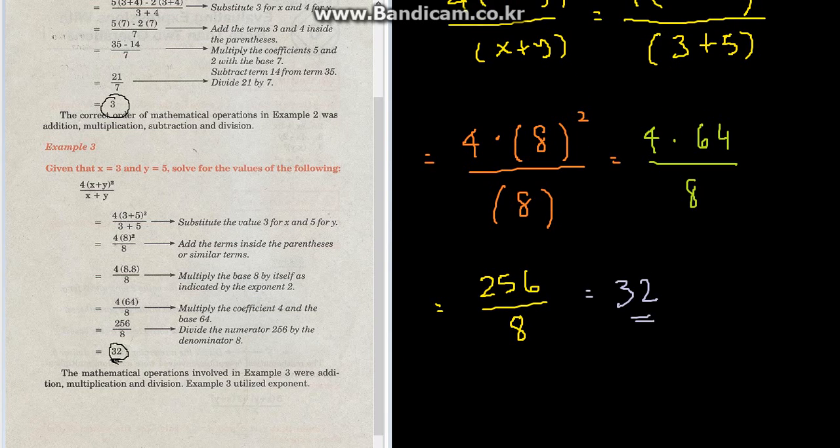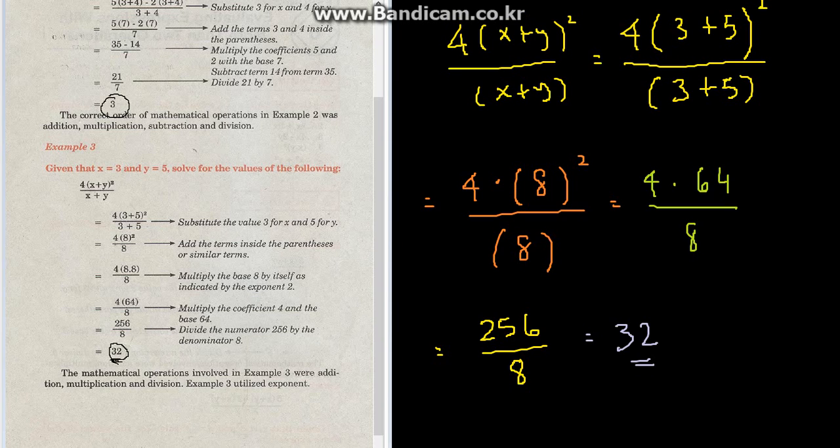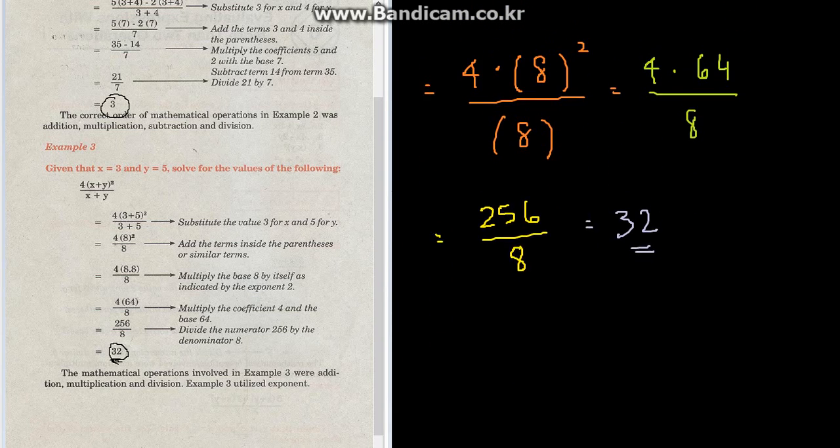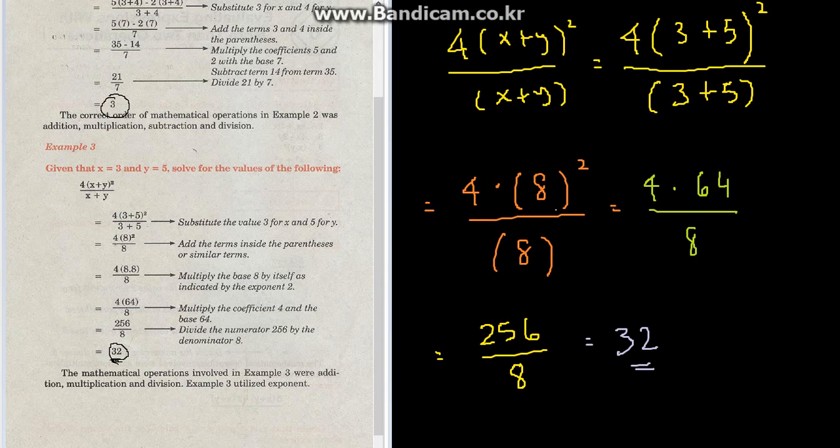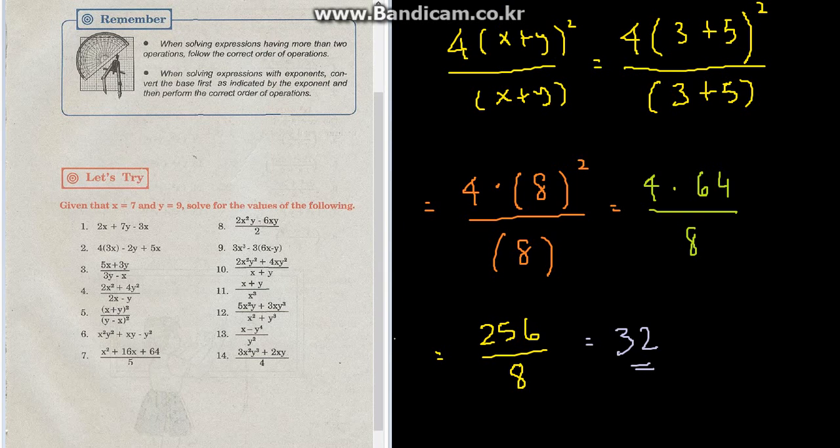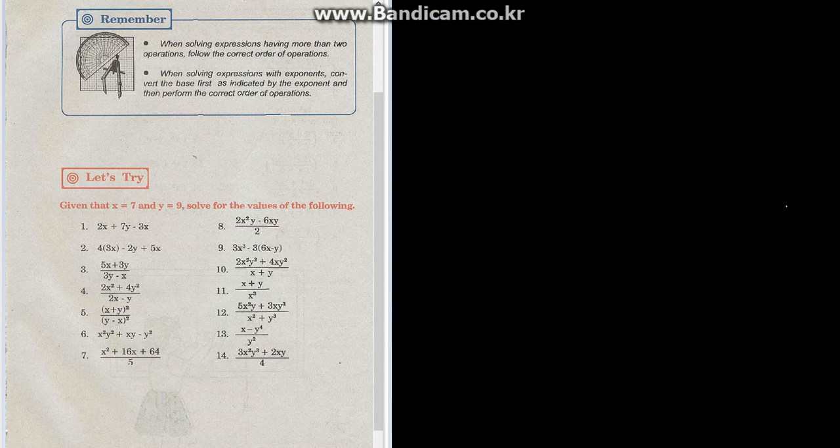So in example number 3, we have used addition, multiplication, and division. And we even used the exponents here, right? So we have to remember, when solving expressions having more than two operations, in the previous lesson we only had plus, minus, multiplication, or division, right?